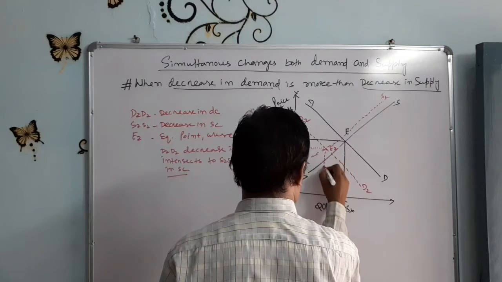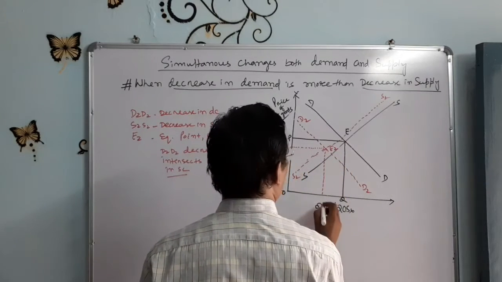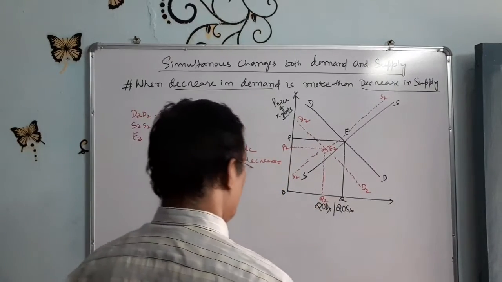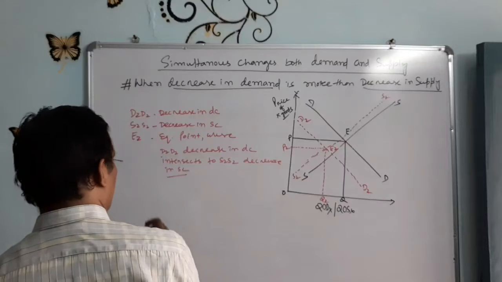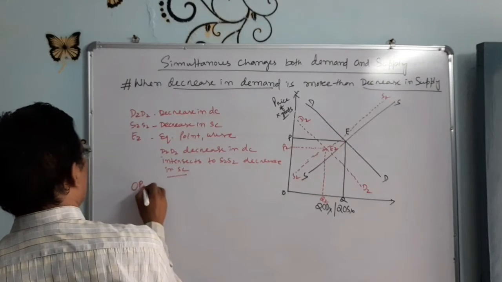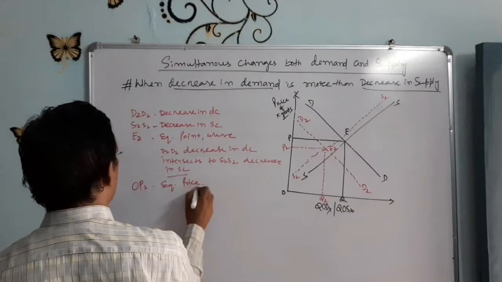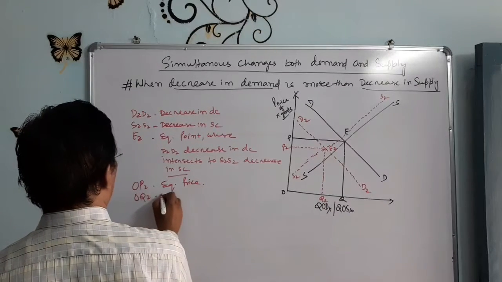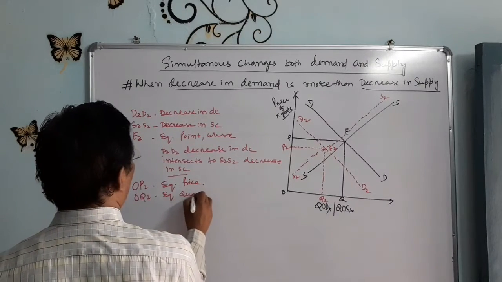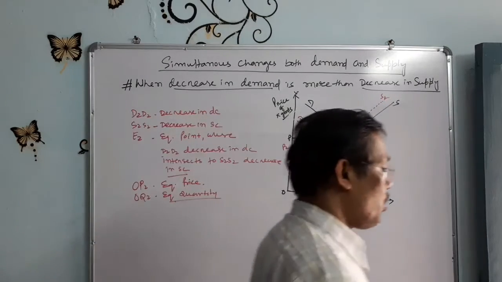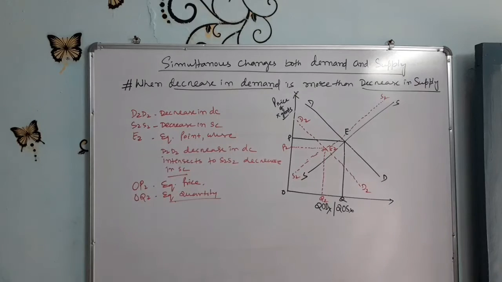Similarly, when we draw the line toward the X axis, OQ2 is the equilibrium quantity. OP2 is the equilibrium price and OQ2 is the equilibrium quantity.